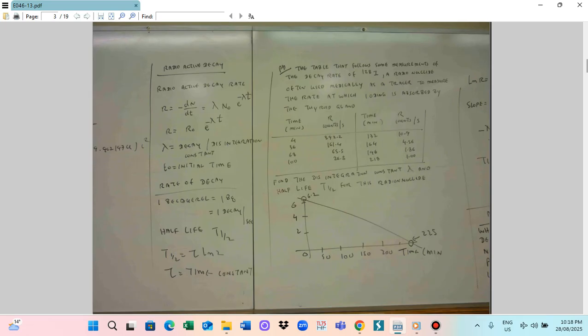So the binding energy density, or the binding energy per nucleon, is the binding energy divided by the number of nucleons. So you get 8.5 MeV per nucleon.